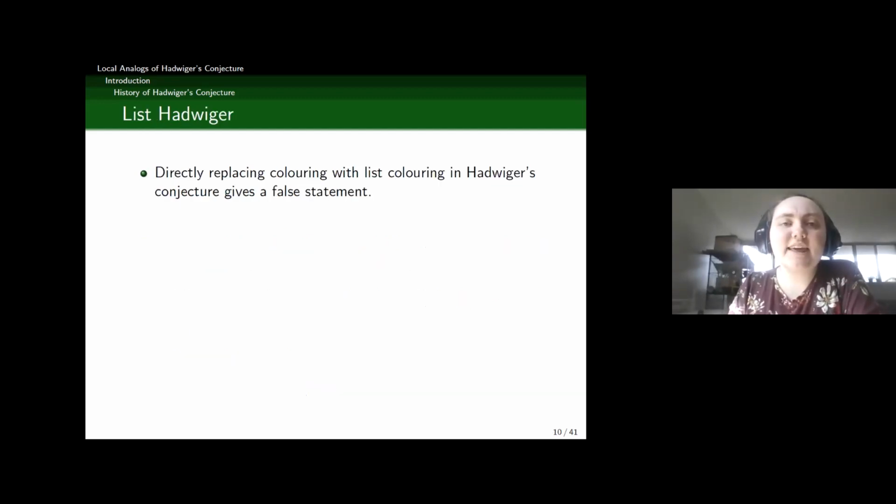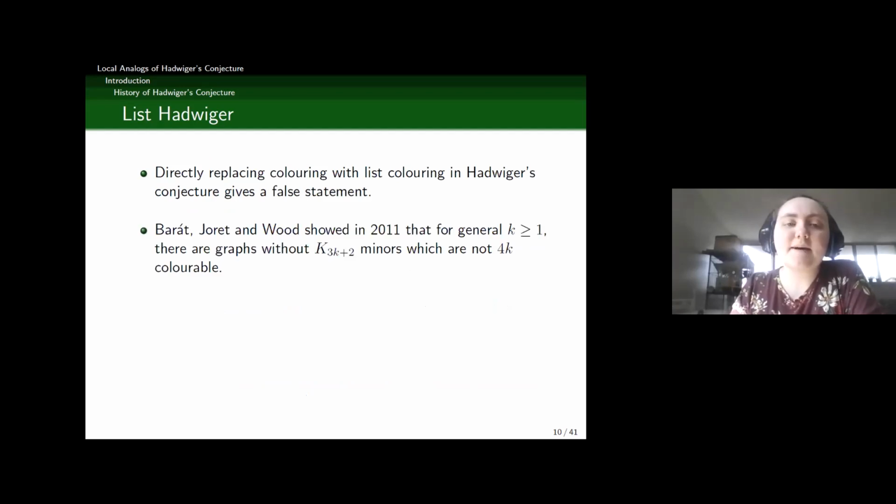So the next question is, what can we say about list coloring K_t minor free graphs? Directly replacing coloring with list coloring in Hadwiger's conjecture gives you a false statement. Jarett and Wood showed that in fact it gives you a fairly false statement because there are graphs without a K_{3k+2} minor, which are not 4k colorable.